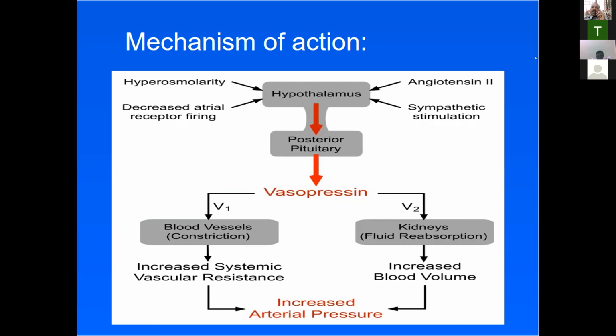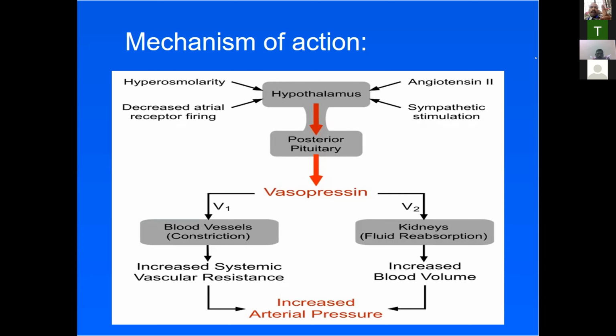And when it acts on the V1 receptors, which are predominantly available in the blood vessels, it produces vasoconstriction, and increased systemic vascular resistance follows. And because of the increased blood volume, there is an increased arterial pressure.